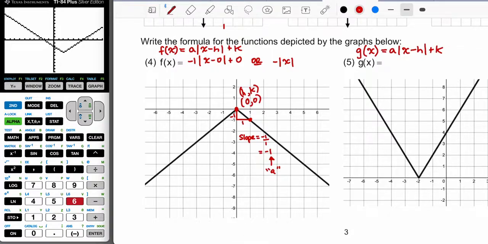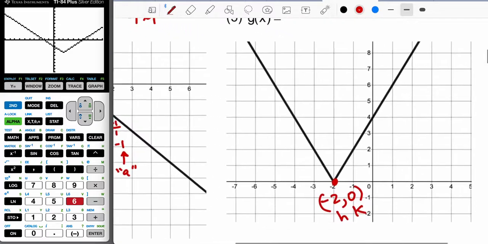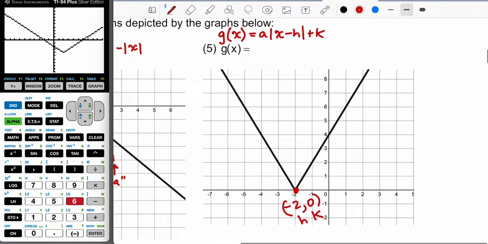All right. Identify the vertex. That's nice and easy. -2, 0. The -2 is the h. The 0 is the k. I need the slope, but specifically the slope to the right along the graph. So I'm going to find the next convenient point beyond the vertex going to the right.